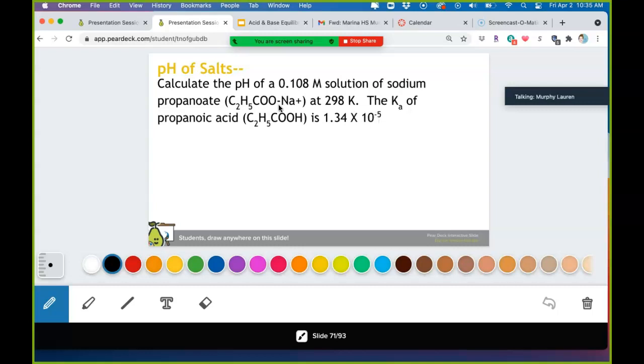How do we know this is a salt? I see an anion with a cation, a metal and a polyatomic. Propanoate is not an ion that you're expected to know, so they've shown you its charge to help you. If I were to write out the true formula for sodium propanoate, it would look like this.